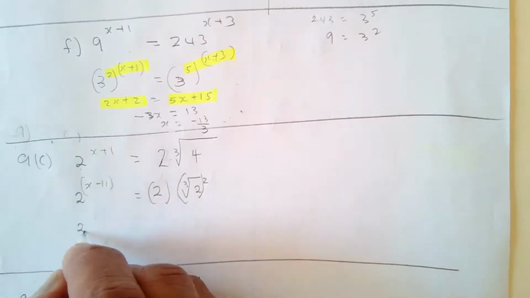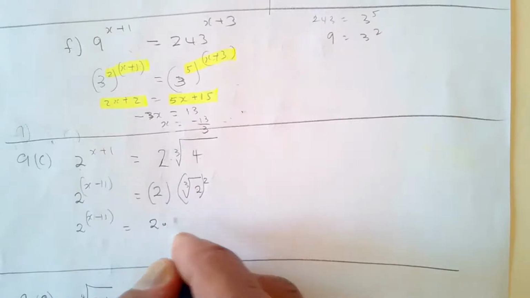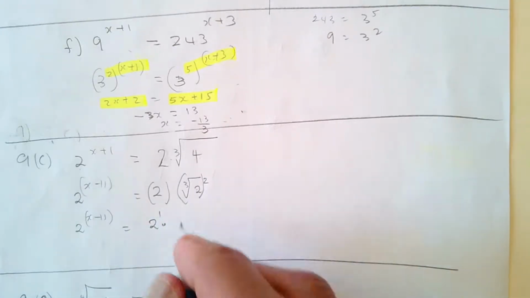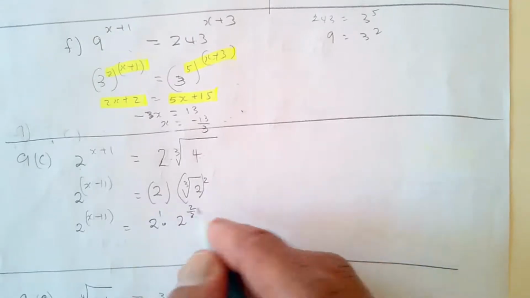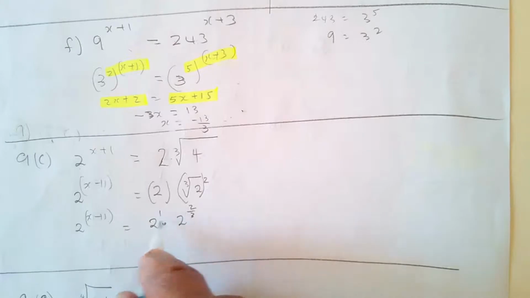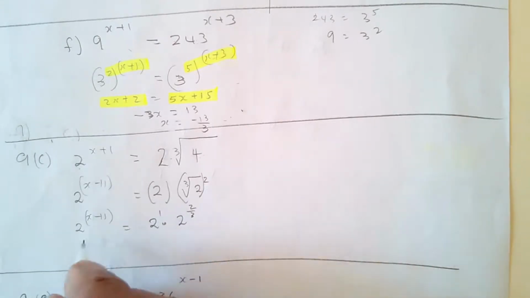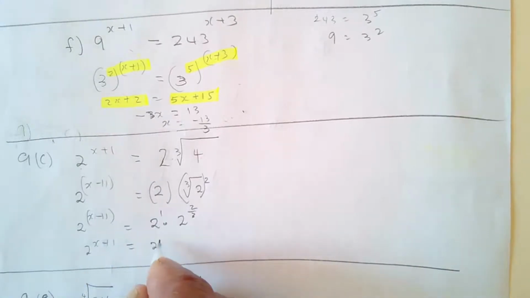So now I have 2 to the x plus 1 is 2 to the power 1. I can write that there. This becomes 2 to the 2/3. We're going to use our product rule. We're going to add the exponents. So we have 2 to the x plus 1 is equal to 2 to the 1 plus 2/3.